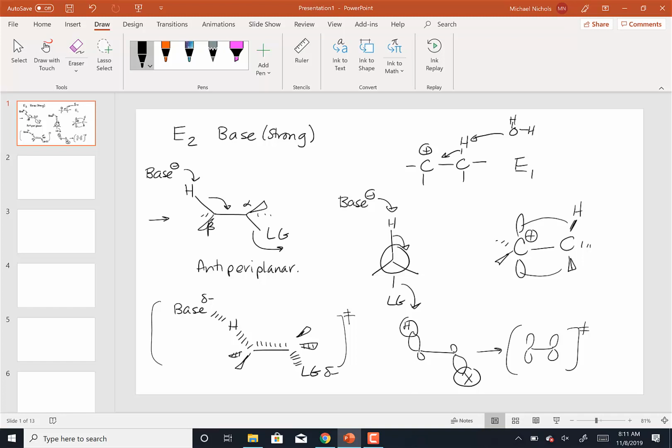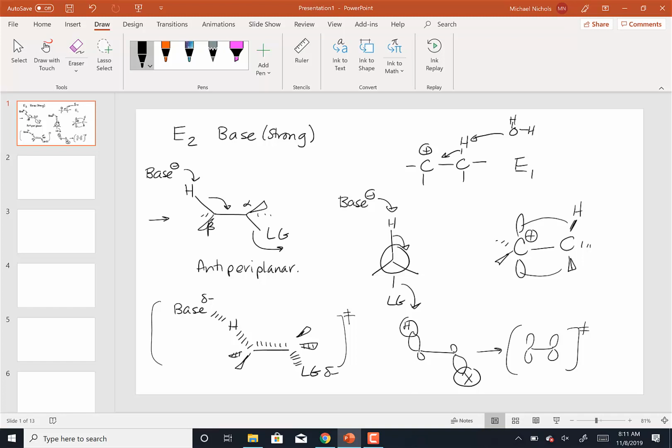In order to be the most efficient to get to the transition state, you have to have those two orbitals parallel to each other. And you have to have the hydrogen with its big lobe being lost this way so that the electron density can feed down into this. And then you have to have the little electron density down here so that it can become empty in order for it to overlap.